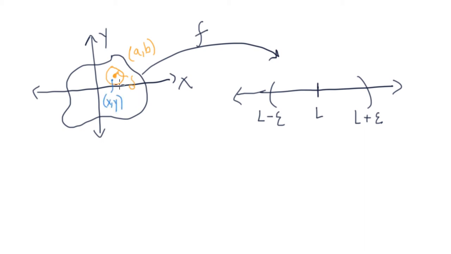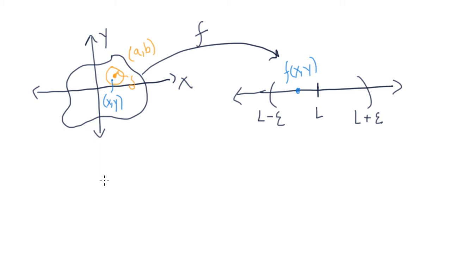For this delta that we found, we always know that f(x,y) over here is within epsilon of L. So geometrically, if we get close enough inside a small little disk around this point (a,b) within some delta, then our function is going to output within epsilon of this number L. So this is just a pictorial representation of the limit of a function.